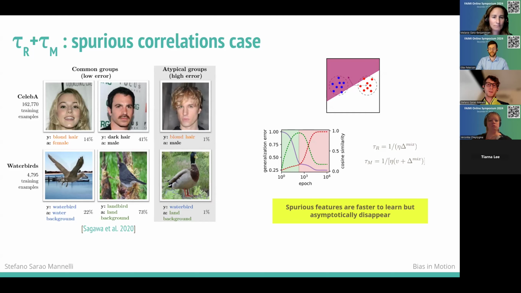You may consider that within a class you have some variability, so you have a consistent but small fraction of your group or your class that has some different statistics. Yes, this is something that we can model. What we cannot model is having a single outlier, because this is a kind of mean field analysis, so that will just disappear in the mean field approach.